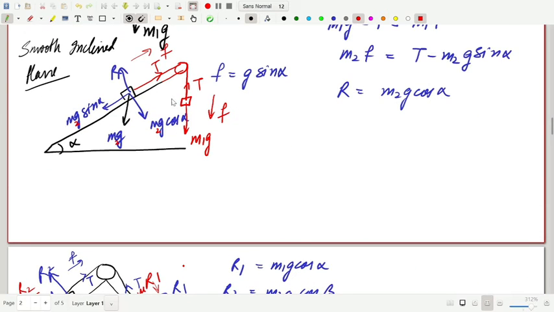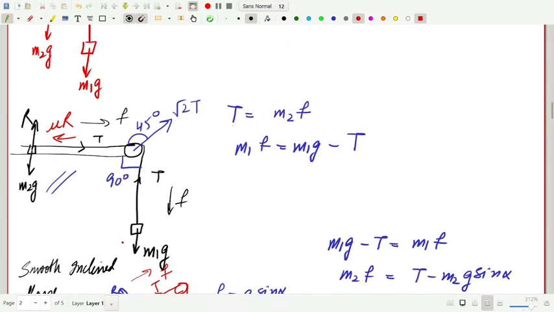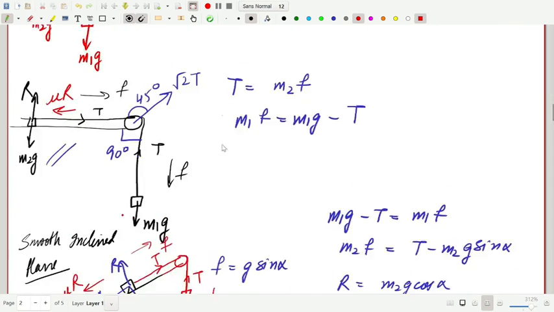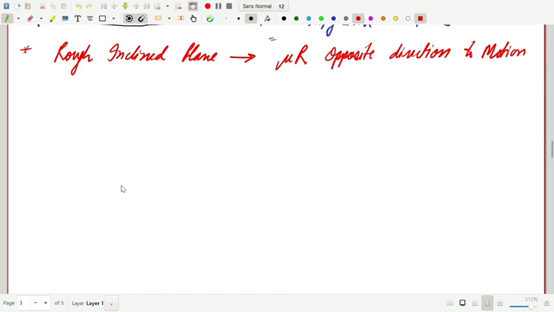In upwards case, motion is moving this side, so we'll have mu R here. Similarly, motion moving this side, we'll have mu R here, and it would be added in the equations of motion.